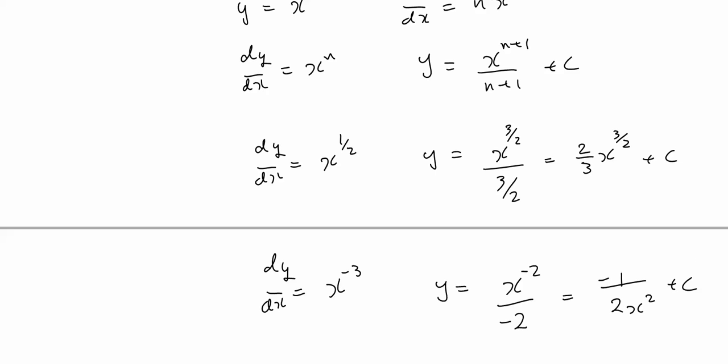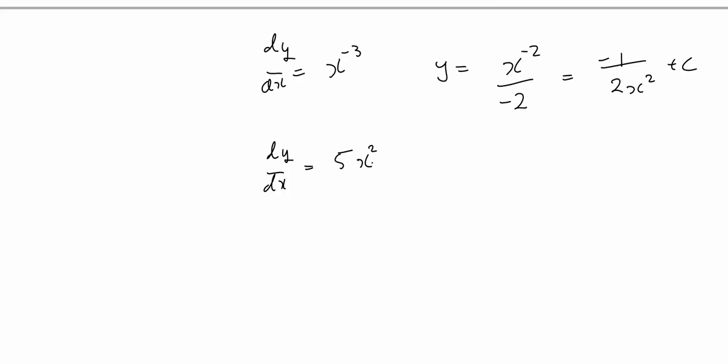plus c. Now if we multiply our function by a constant, say dy by dx is 5x squared, just as in differentiation, this doesn't affect integration either, and y would be 5 times the integral of x squared, x increased 2 to 3, divide by 3, so that would be 5/3 x cubed plus c.